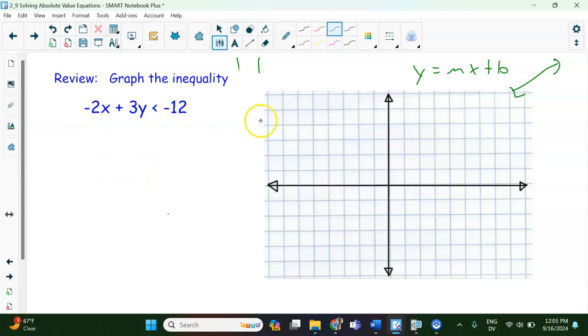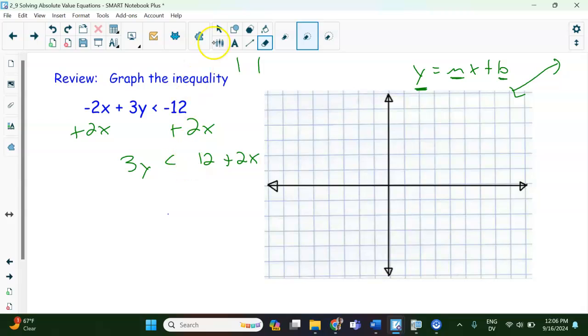So we basically want to get Y alone, so we can use the slope and the y-intercept number. It's just 2 quick steps to get Y alone. Add the 2x piece. Negative 12 plus 2x. Sorry, my negative sign kind of got wonky there. And then just divide by 3.